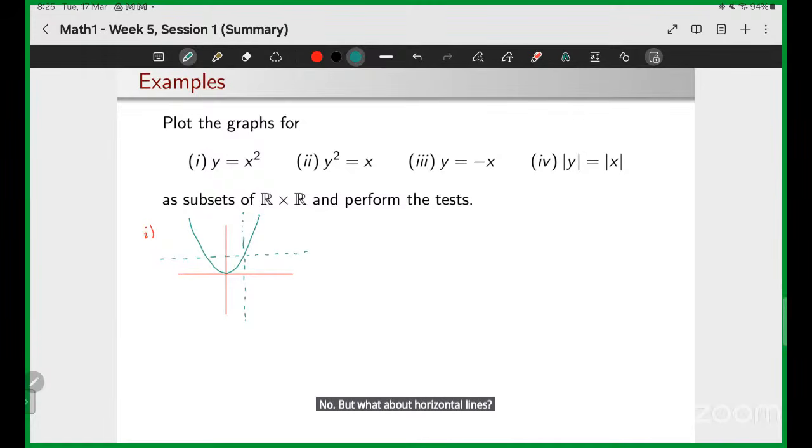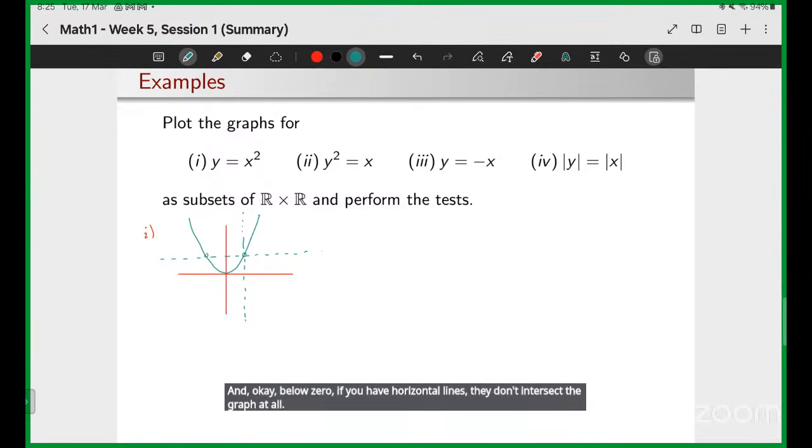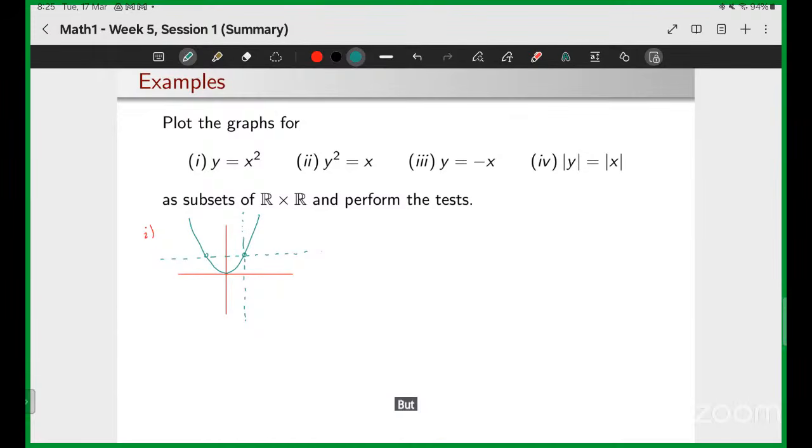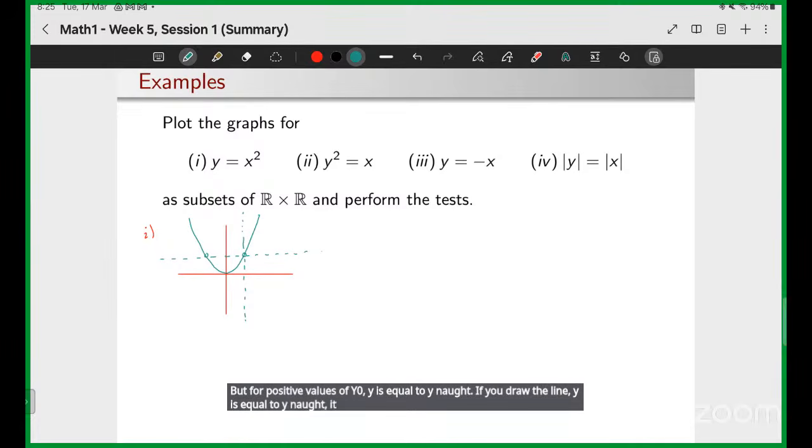They intersect at two points. So every horizontal line other than the one at 0: below 0, horizontal lines don't intersect the graph at all. But for positive values of y naught, if you draw the line y equals y naught, it is going to intersect the graph in two distinct points.